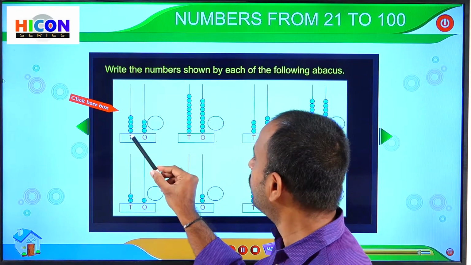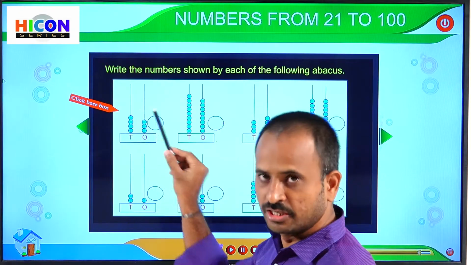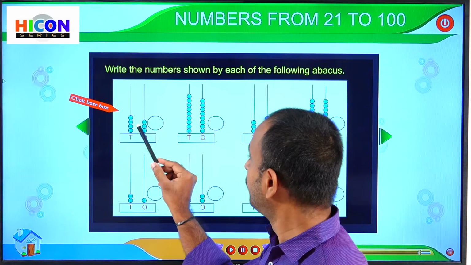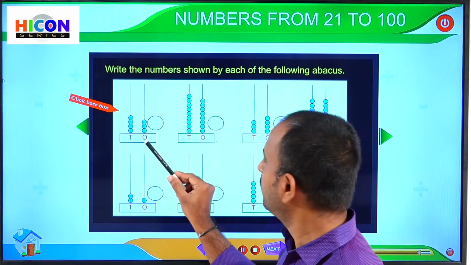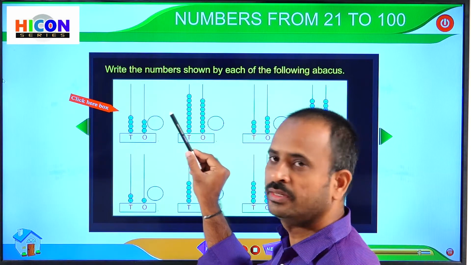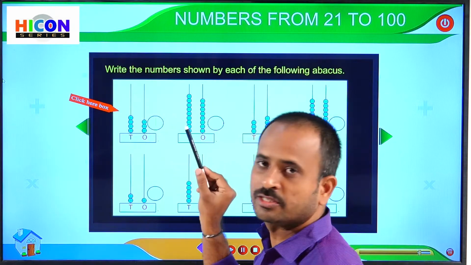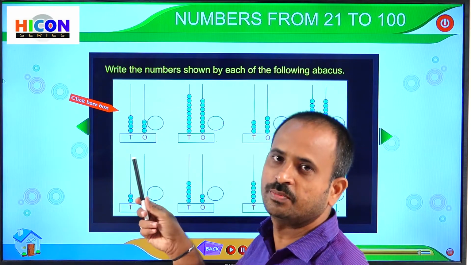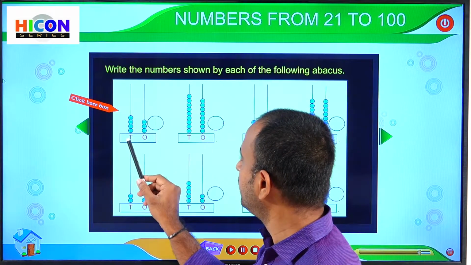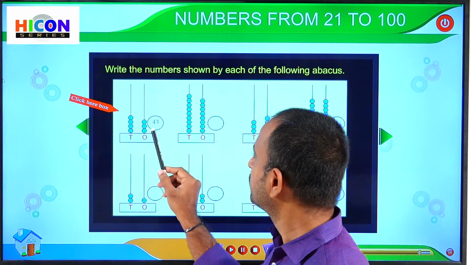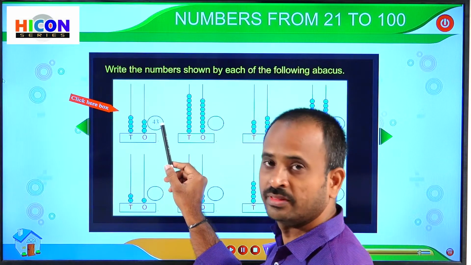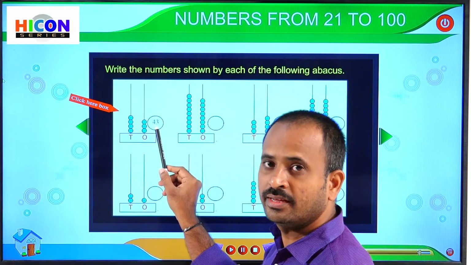That means 4 beads are there in the tens spike. So there is 4 in the tens place. And how many beads are there in the ones spike? 1, 2, 3. So there are 3 beads in the ones spike. That means 3 is present in the ones place. So 4 is present in the tens place, 3 is present in the ones place. So the number is 4, 3. That is 43.